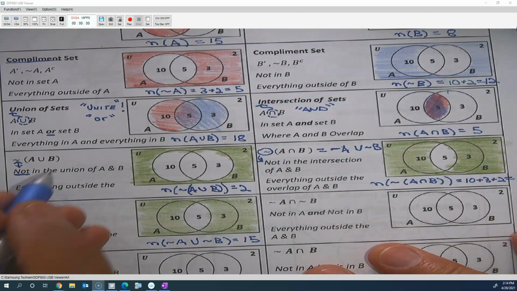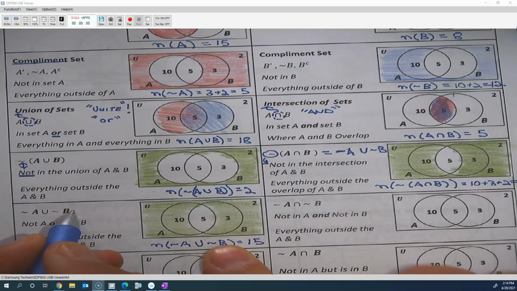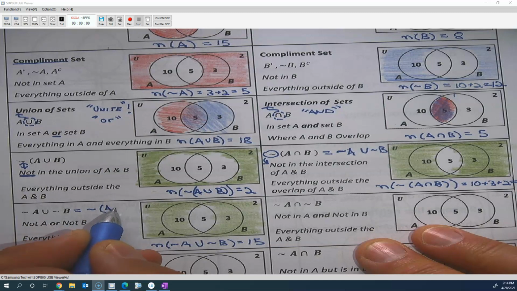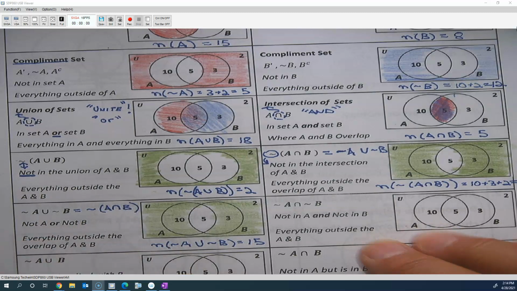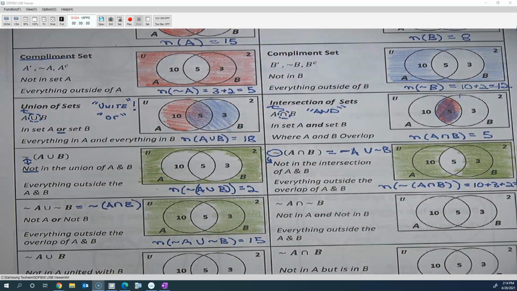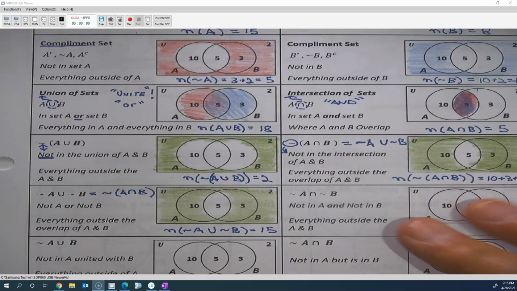And this one here is the same as not the intersection of A and B. Okay, so these two squares are the same result.